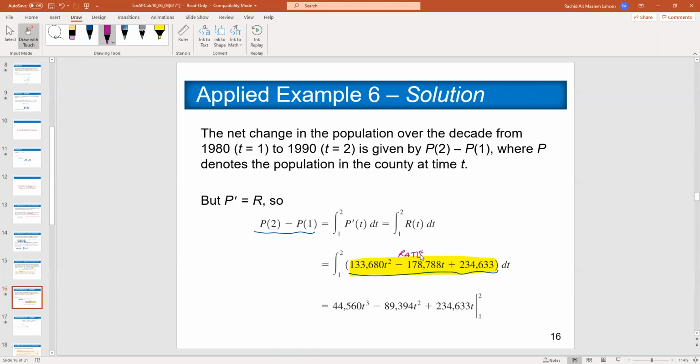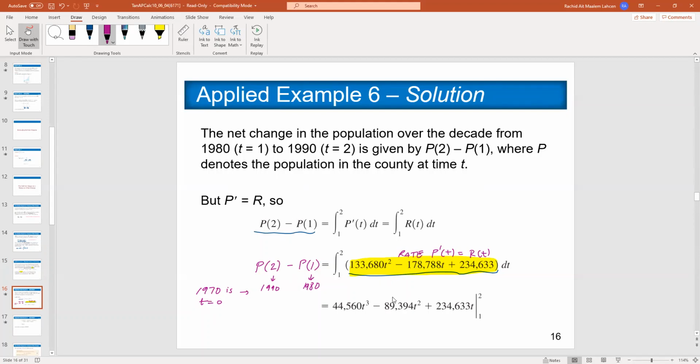And we know the rate is P prime, which is here given as some function r(t). But when you put that in the integral, you're going to come up with P of whatever periods you want. We want 1990 and 1980. That's 2 decades after 1970, and 1970 is t equals 0. And of course, this uses decades, right?